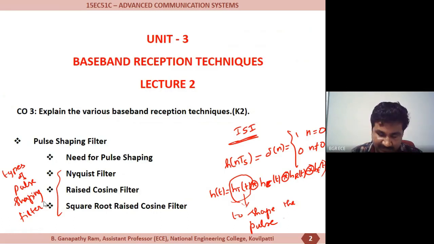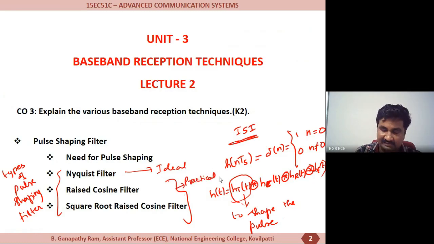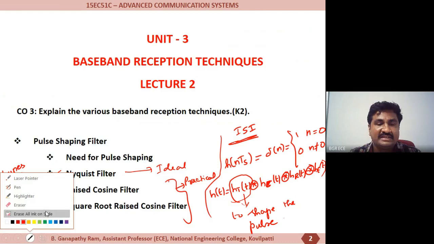But for simplicity, we are going to discuss only three different types of pulse shaping filter and their effects. And here we are going to discuss it under two categories. One is the ideal category called Nyquist filter, and the other two are the practical filter category. These are all the things we are going to discuss under this session.